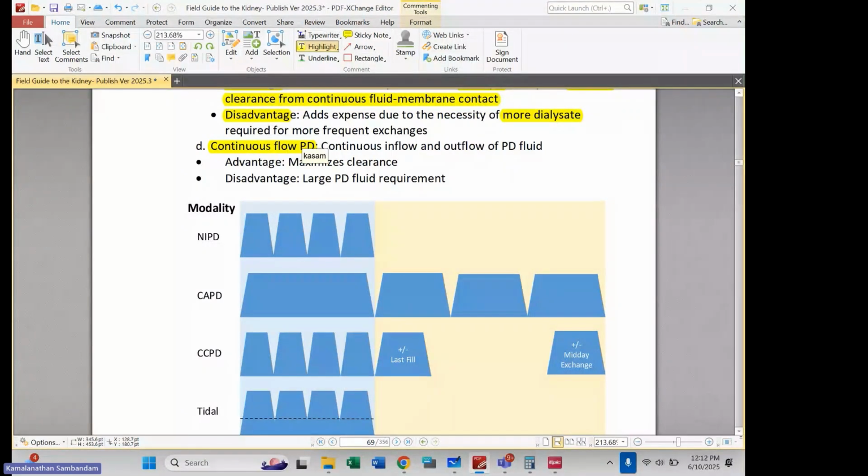If you want to maximize the amount of clearance as well as ultrafiltration, you would do that by maintaining a constantly fresh dialysate that has no small molecule toxins in it like urea or acids. So by continuously putting fluid into the belly and essentially taking it out continuously, you can maximize the favorable gradient for small molecule clearance as well as ultrafiltration.